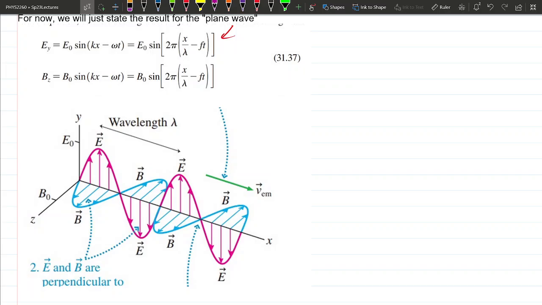It doesn't have to be, but we can orient our coordinate system such that the electric field is oscillating up and down, just like a wave. The magnetic field is going to oscillate in and out of the board, along the z direction. This wave propagates forward in the x direction at the speed of light.